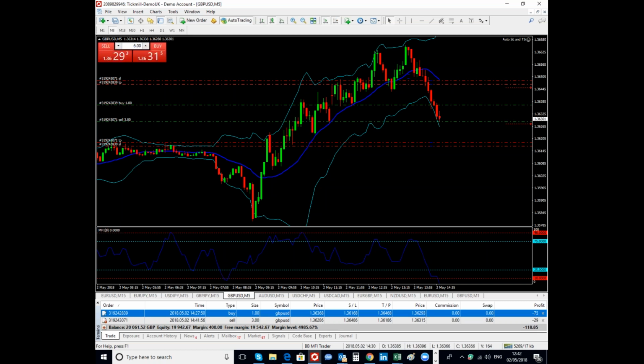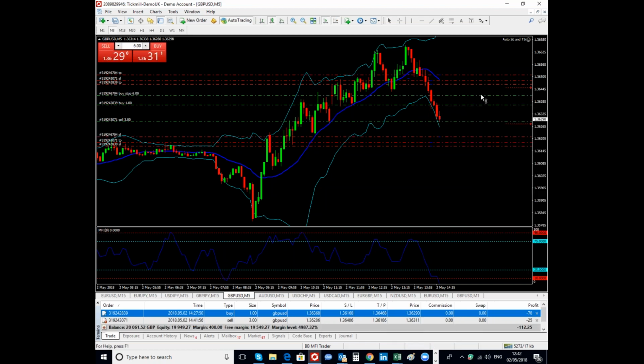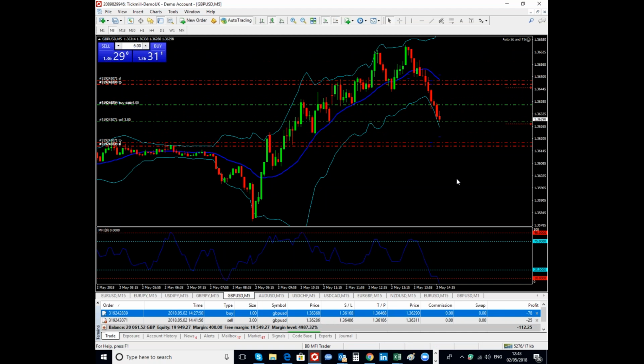Do you know you can't place an order on top of an order? I can't right click and place an order on top of an order. So what I do is just here, buy stop, drag it down. You see the take profit and stops move with it. Now I move it so it's on top, and bang, it's in the right place. See that?